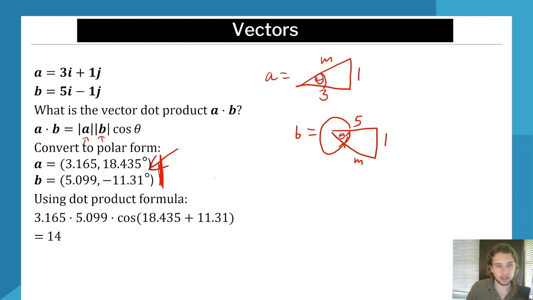Now that we have it, we can actually apply it. We can do 3.65, that's a magnitude times a magnitude, and then times the difference in angle. The difference between 11.31 and 18.435, that is 18.435 minus 11.31, which is somewhere around 30.